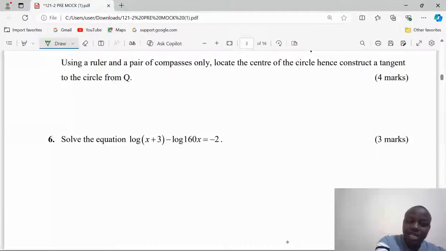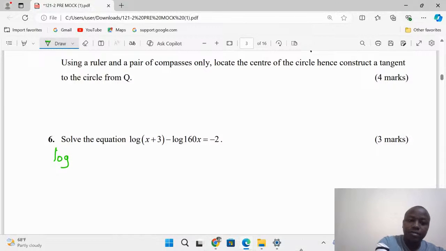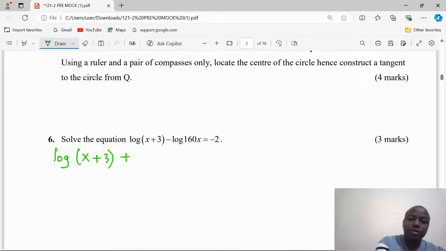If we rewrite the equation starting with the logarithm of x plus 3, then we bring 2 to this side. This is equal to 160x, which can be taken to the other side, and it becomes positive now. The log of 160x.